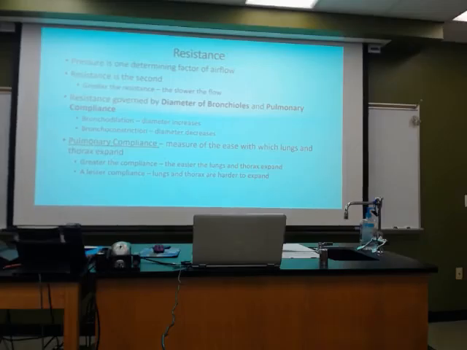To agree. So to what extent is the agreement of the airflow going to be? We have these terms right here: bronchodilation, bronchoconstriction. Just like their name implies, with one, the diameter of those bronchioles increases, and with one, it decreases.